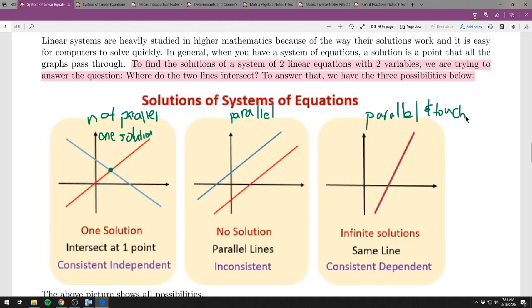Most people, as far as this right picture goes, think of just the same line and not parallel, but to really establish why this is all of our possibilities: either lines are not parallel or they are. If they're not parallel, they always intersect. If they are parallel, they either never intersect because they're not the same line, or they intersect everywhere. So we got parallel and not touching.